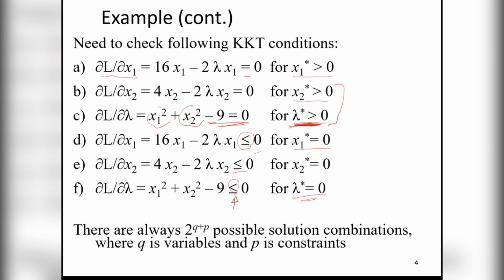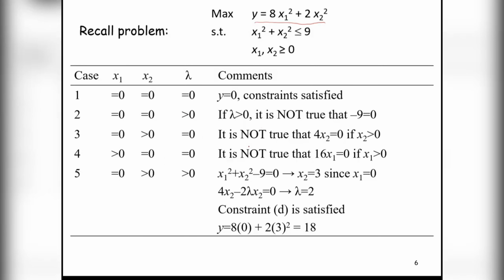If x2 is positive, we could have some lambda, because lambda is not equal to 0, so this could hold. And likewise, this one is 0, so x2 squared is equal to 9, so x2 has to be 3. Remember, it can't be -3 because these all have to be positive. So in that case, we get x2 is 3, since x1 is 0. And if we go back to the other constraint, we get this result, so lambda is equal to 2.